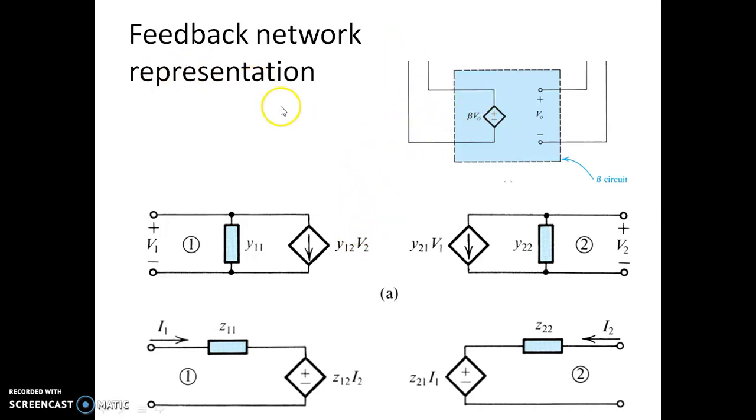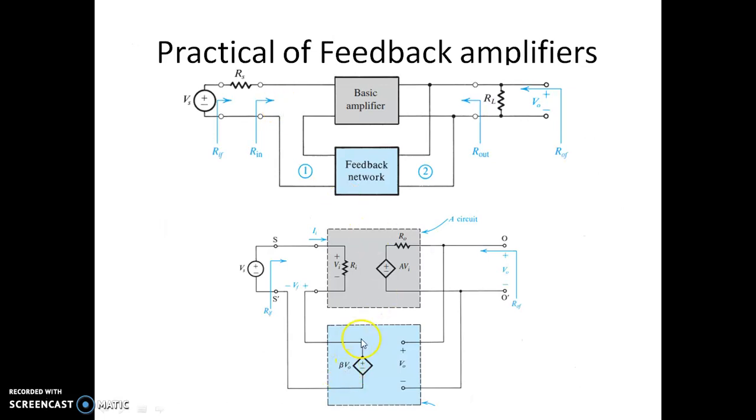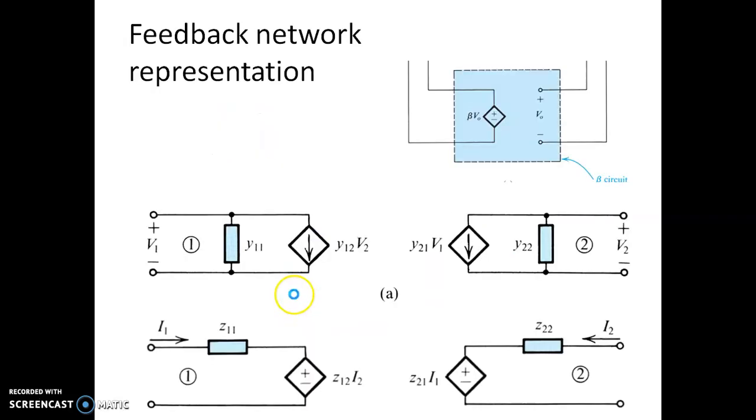The feedback network we are considering should have voltage sampling and voltage addition. So let us see whether we can use the Y parameter two-port network.